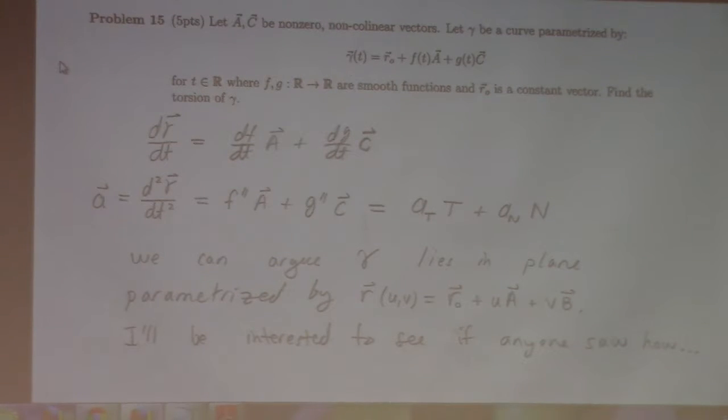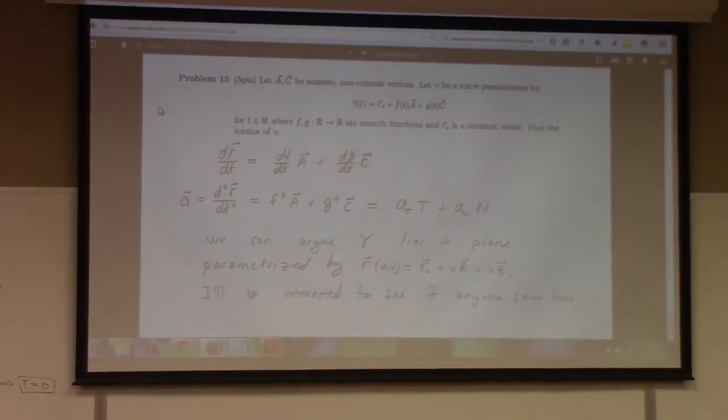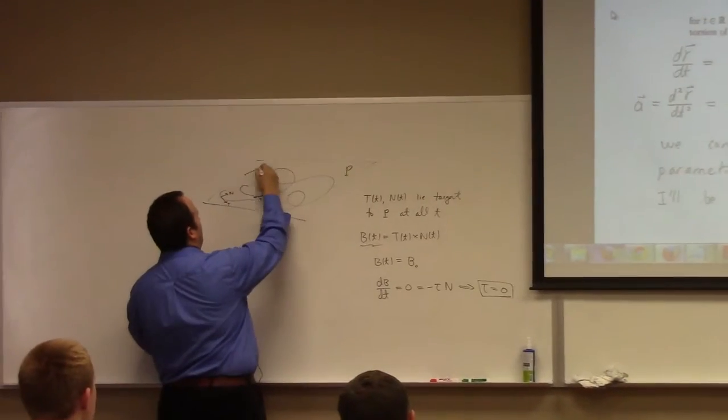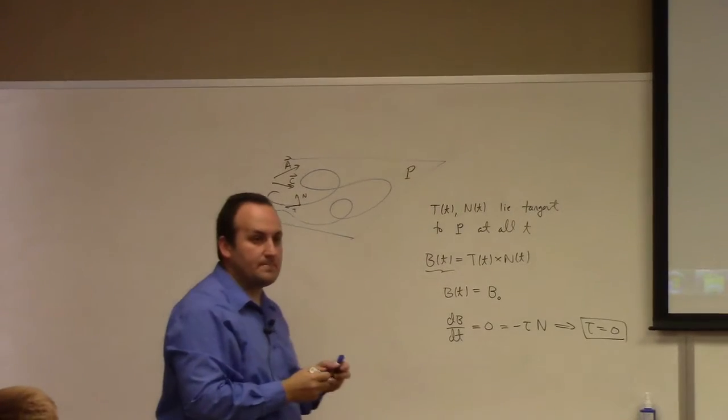You're just adding multiples of A and C in that formula. There's no third direction there. A and C are constant. Of course, the functions f and g are not. So it could be some kind of crazy looking curve like my picture. But the point is, it's only developed in the A direction and the C direction if you look at it geometrically.